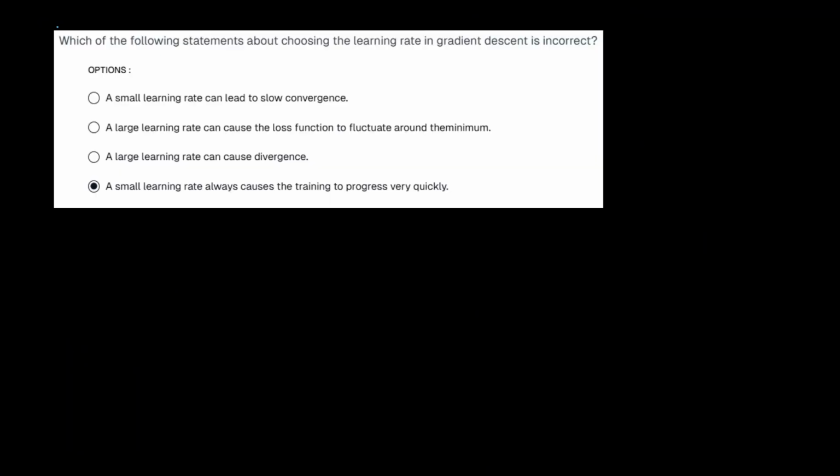So this is a question on gradient descent and learning rate, right? So we know that the gradient descent algorithm starts at some point, say x0, and it finds x1 by the following method: x0 minus the gradient of f evaluated at x0 multiplied with some scalar eta, right?